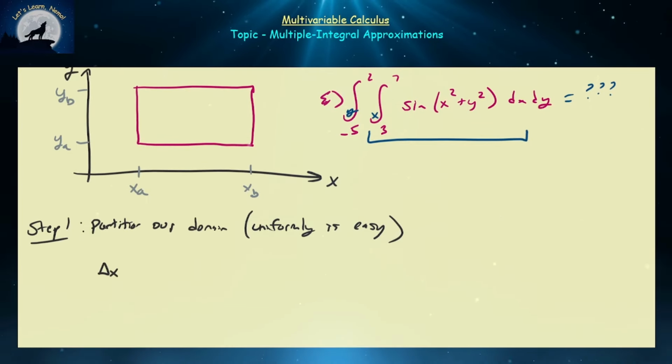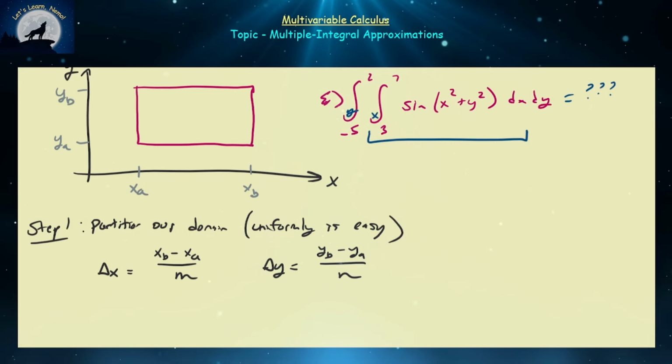So our x is going to have spacings, and we can say delta x is xb minus xa all divided by m, and delta y is yb minus ya all over n. This is going to give us m times n smaller rectangles.